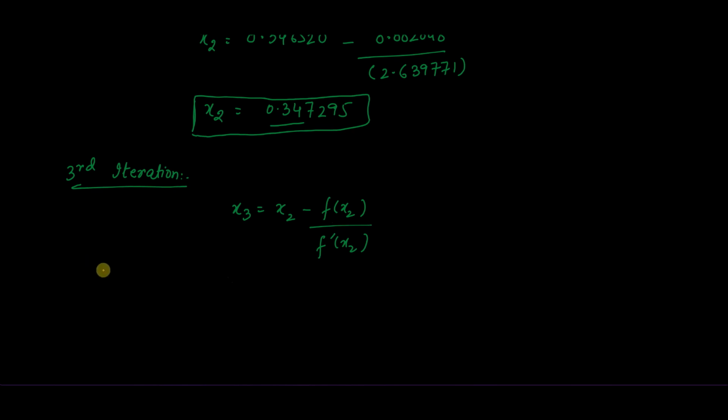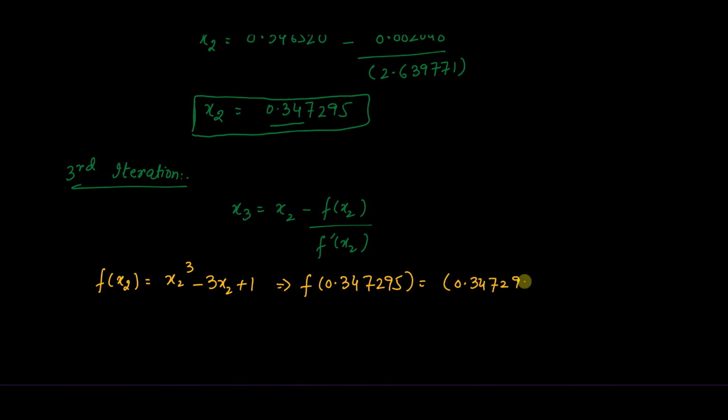For that we are going to choose the main function that is given in the question. So we have x2 cube minus 3x2 plus 1. We are going to substitute 0.347295 raised to cube minus 3 times 0.347295 plus 1.